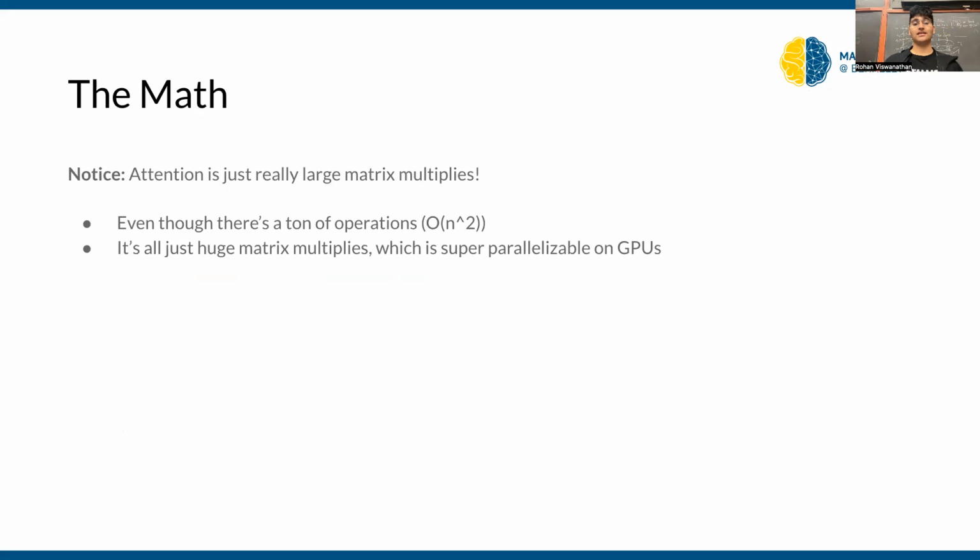There's a ton of operations because you have to multiply these matrices, but these are huge matrix multiplies, which are super parallelizable on GPUs. So this is very computationally efficient and scales very well on a distributed system, even though there are a lot of operations, which brings us to a better conclusion than what we previously had with RNNs. We can parallelize this no matter how big our input is.